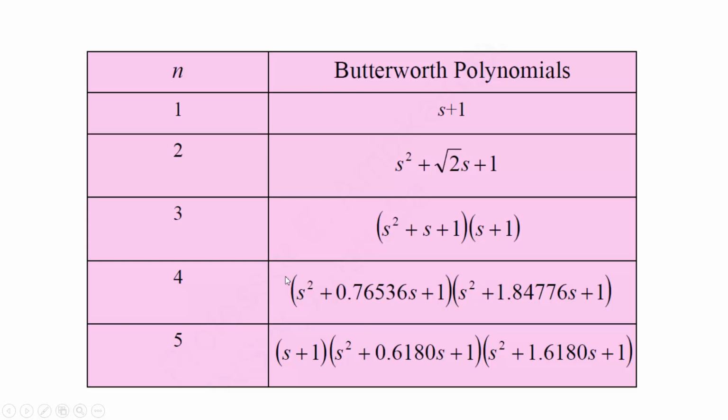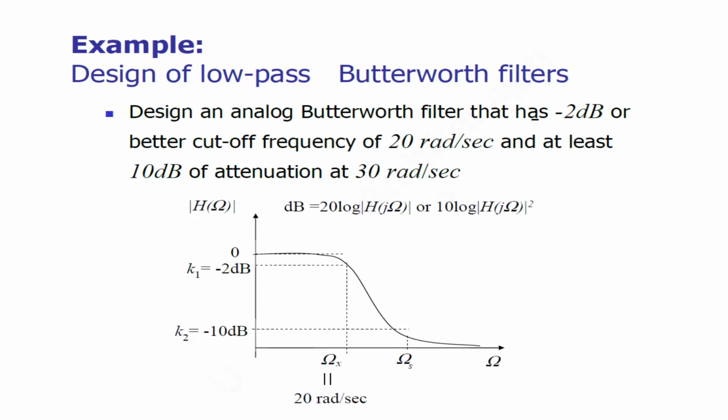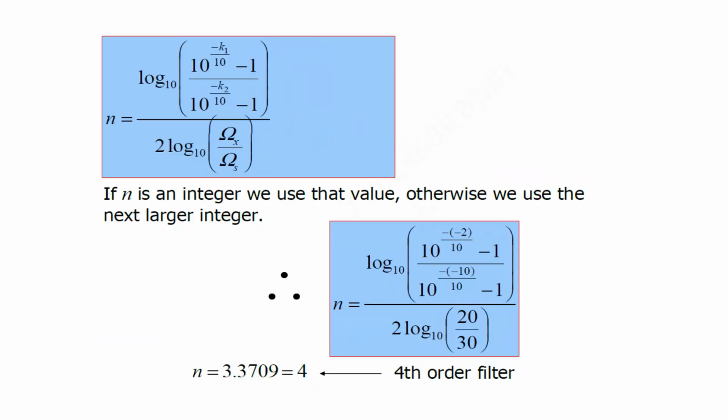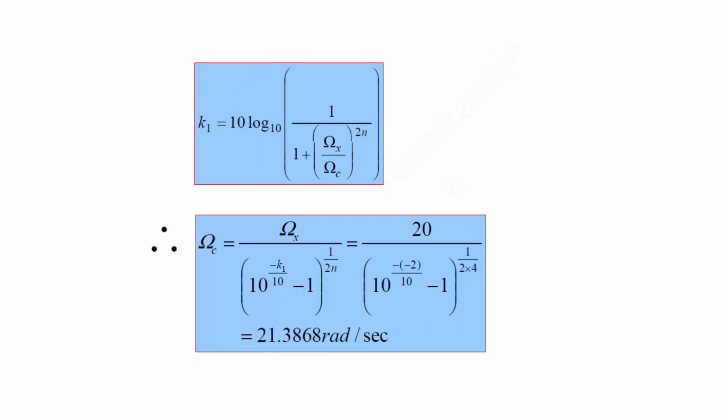What will be the transfer function? 1 over this Butterworth polynomial will be my transfer function for this filter design for these specifications. All right, this is how the calculations are done. This is how the design part is completed.